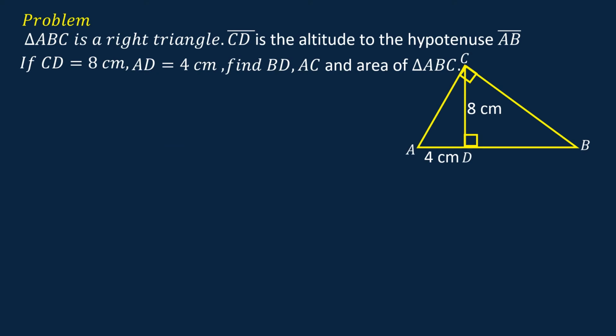Let us solve this problem. Triangle ABC is a right triangle. Segment CD is the altitude to the hypotenuse AB.